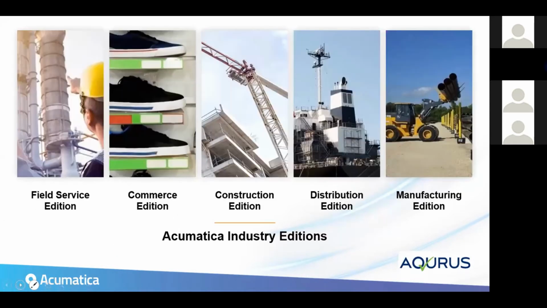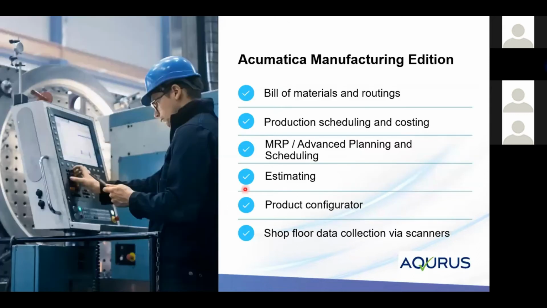We'll quickly get into the Acumatica industry editions. Of course, today we're going to focus exclusively on the manufacturing edition. Manufacturing builds upon distribution edition, and distribution edition is where we find the features around inventory management and purchase orders and sales order management. The manufacturing edition then builds upon that with really two key modules.